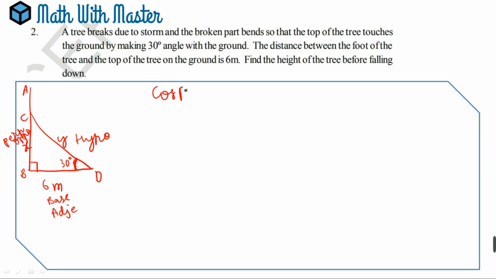So what is cos D here? It is base upon hypotenuse, or we can also write it as adjacent upon hypotenuse. The meaning is same. So for angle D, what is cos D? It is 6 upon x. Sorry, not x, it is y.